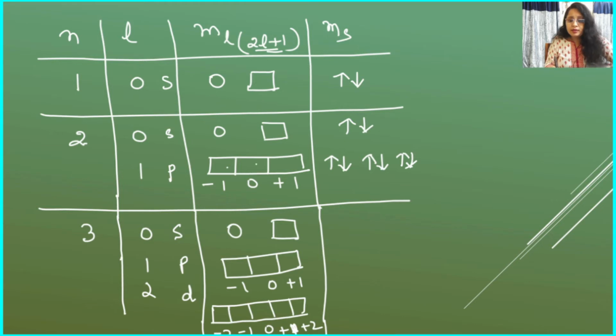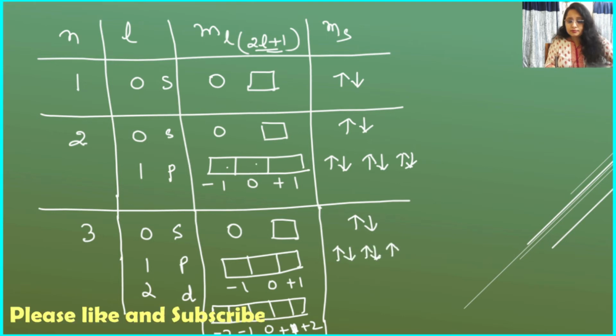And the same way every time we can draw the electrons like this. Or one more way to write the electrons is plus half, minus half.